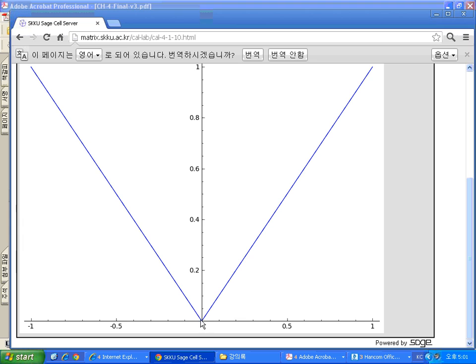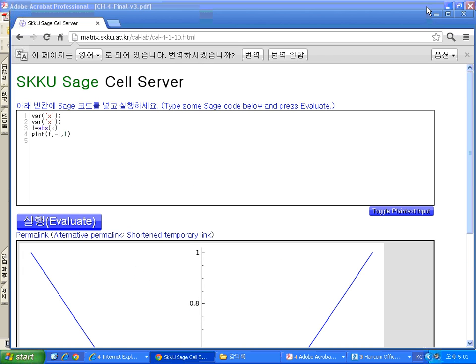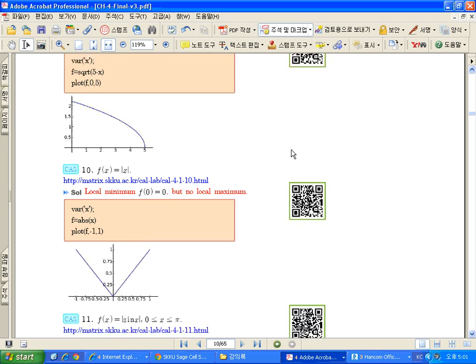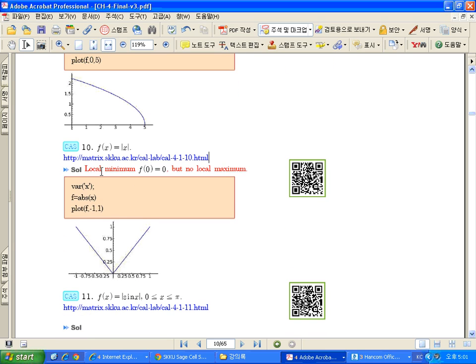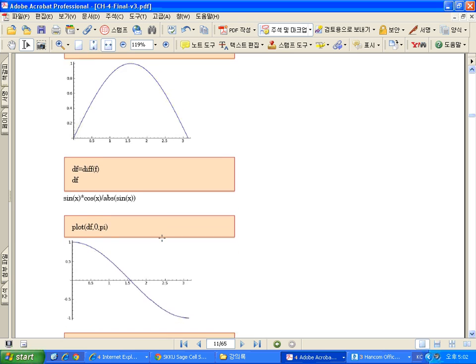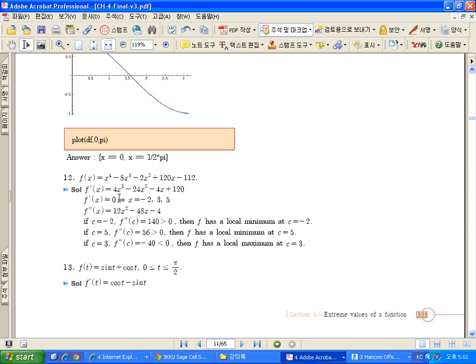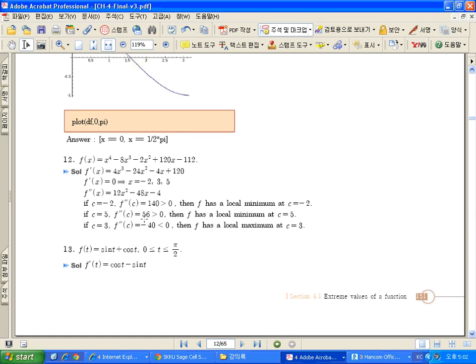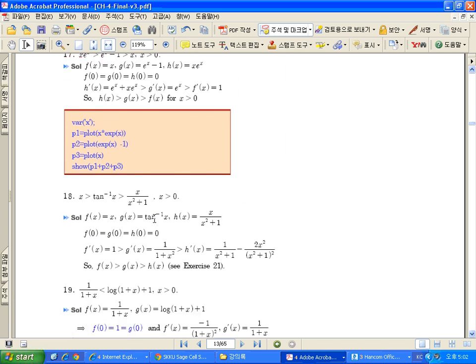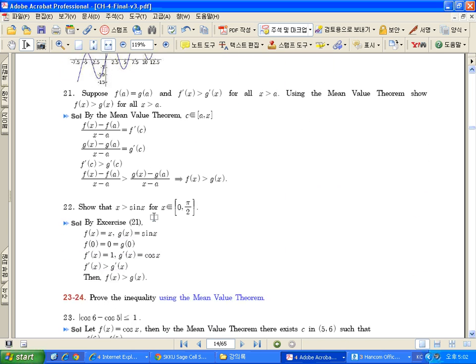So you can easily find this is a critical point. Since now you have graphing tools, you can easily solve many problems. Since it's a critical point, you can think about the local maximum or minimum. Here, in this case, you have a local minimum, but a local maximum does not exist. So if you can draw the graph, then you can do lots of things. There are many other problems which were proved by hand, but you can also use the SAGE tool to solve them. I think that will wrap up the problems in section 4.1 here.